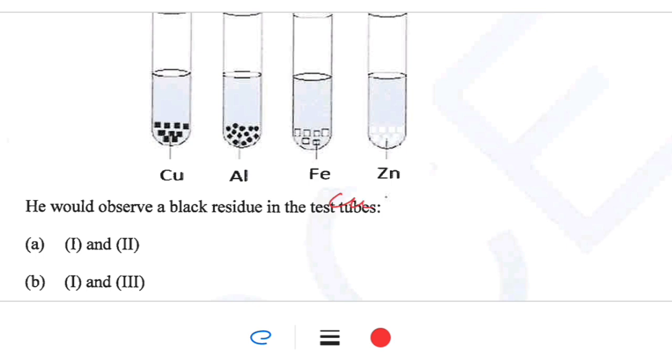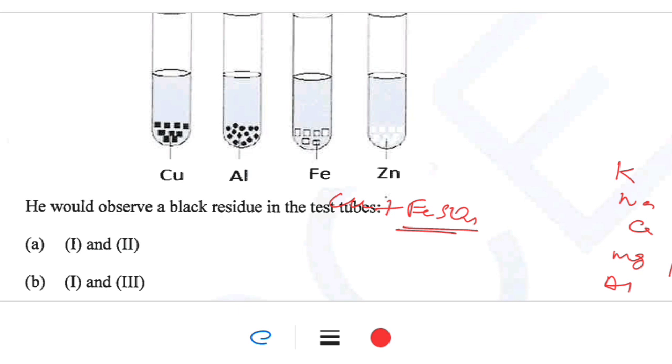When copper reacts with ferrous sulfate, first you should know whether copper reacts with ferrous sulfate or not. To know this, you should remember the metal reactivity series, that is potassium, sodium, calcium, magnesium, aluminum, zinc, iron, titanium and so on, right?